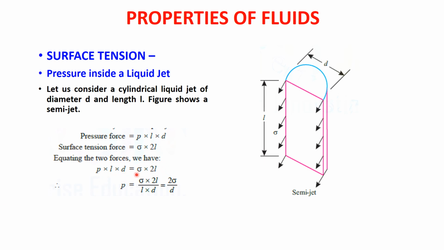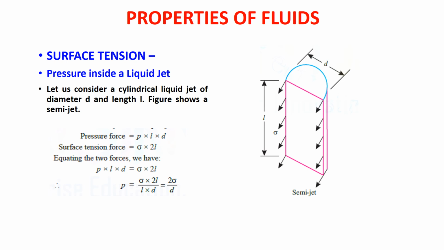So P is equal to sigma into 2L divided by L into D. L and L will cancel, and the final equation which we get is P is equal to 2 sigma divided by D. So when a water droplet is taken into consideration, we get 4 sigma by D. When we take a soap bubble, we get 8 sigma by D. When we take a liquid jet, we get 2 sigma by D. So the calculation of pressure is related only to the diameter of the liquid flowing and the surface tension force acting on it.